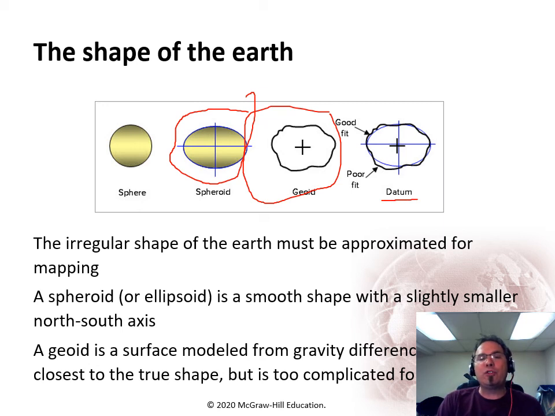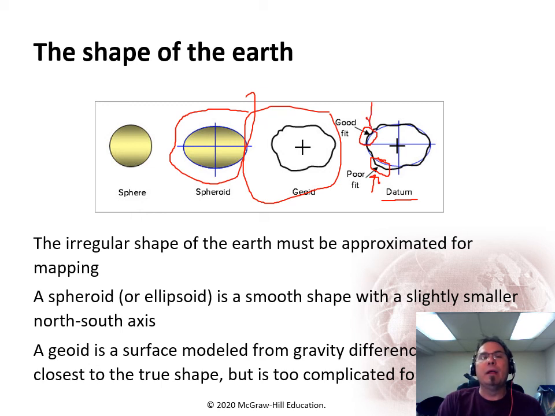And what you try to do is get the best fit between the two for the area that you're trying to map. Okay, so you can see here they line up pretty well right here. Well, here, there's a big gap there. So I would not use that datum to map in this area, but I would up here.